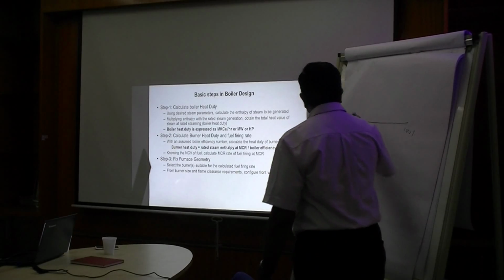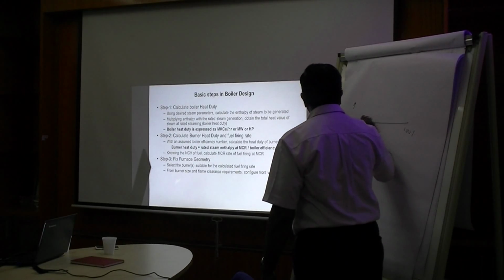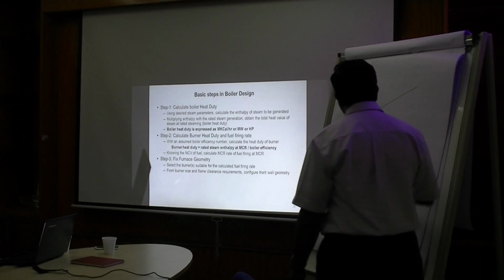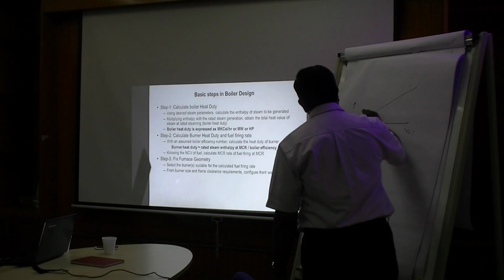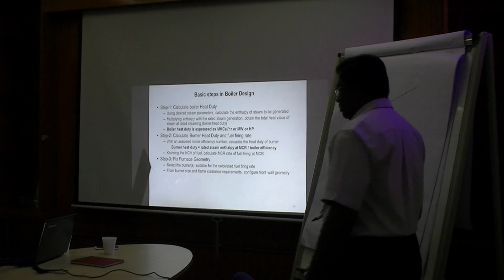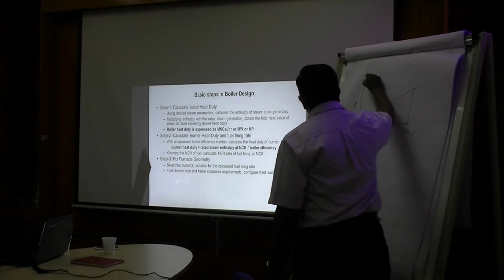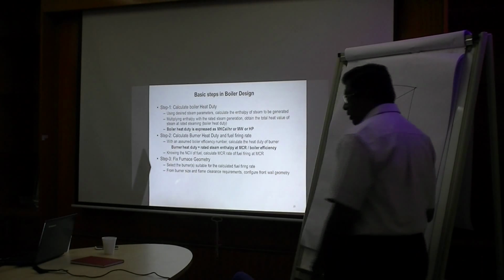Fuel firing will be linearly increasing. In an auxiliary boiler it is more or less linear. So at 20% you will expect 20% of the NCR load. At 100% you will expect about 100% of the NCR fire capacity.